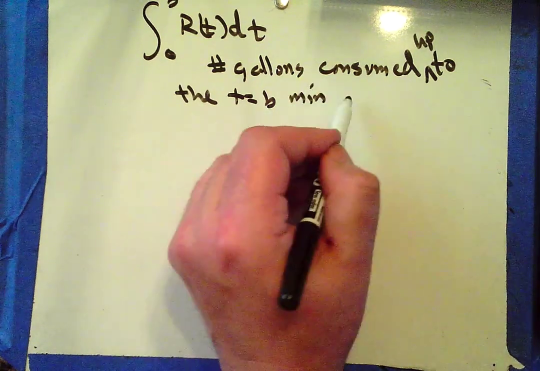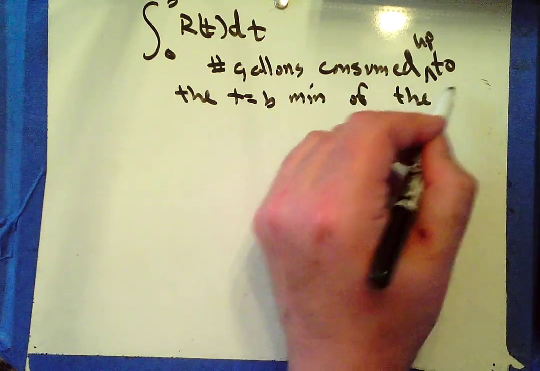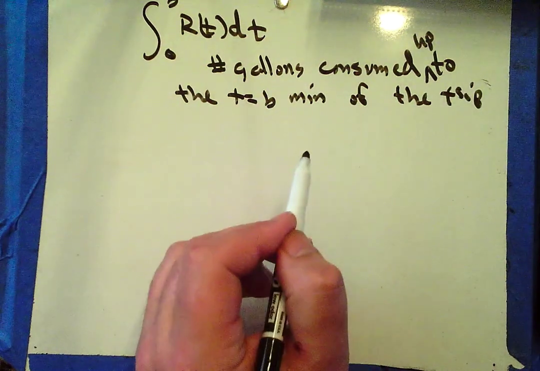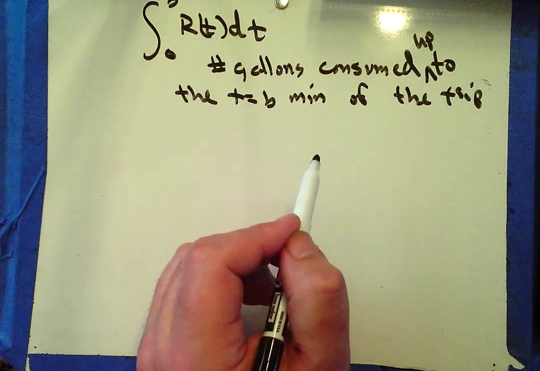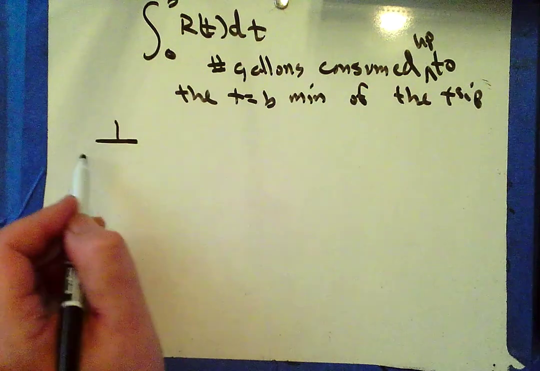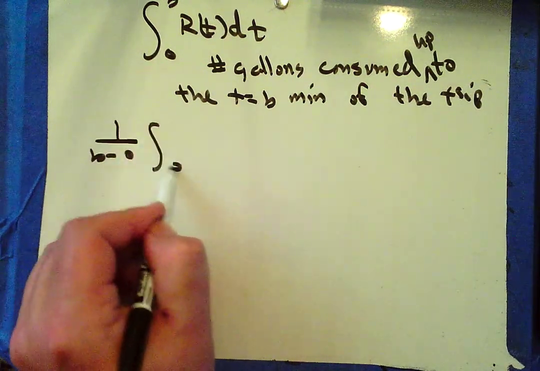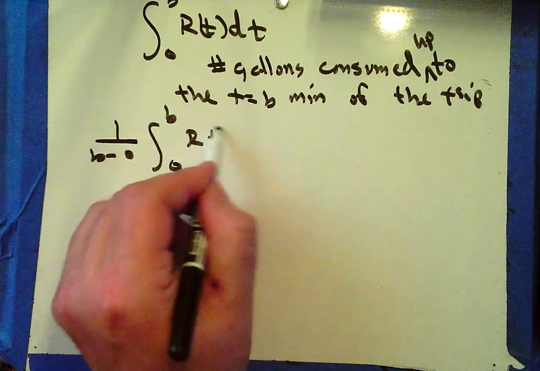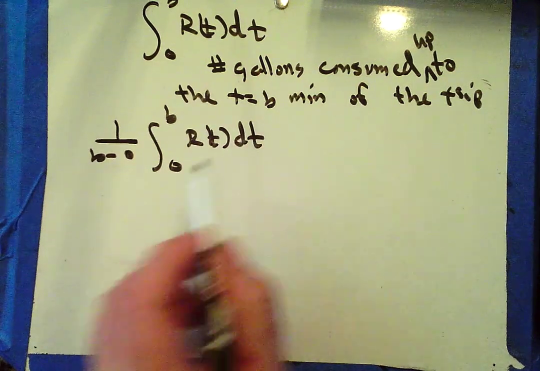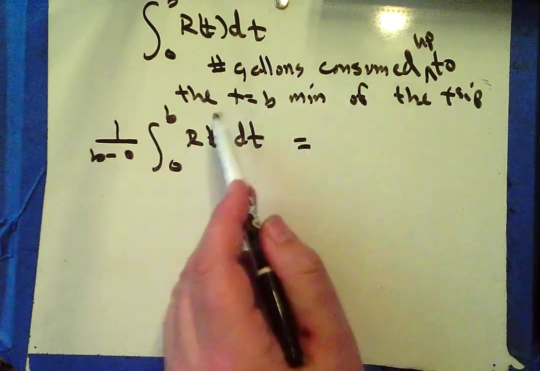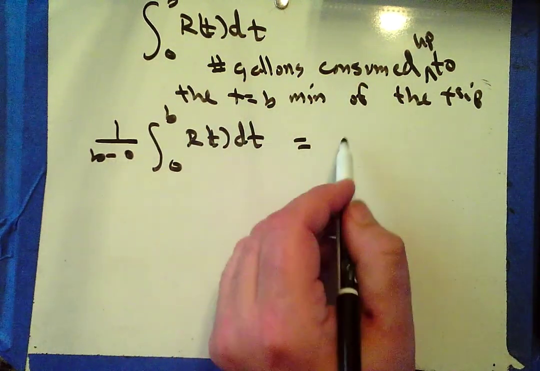minutes of the trip. Okay, and then the next part says explain the meaning of 1 over b times the integral from 0 to b of R of t dt. So that's going to be the number of gallons consumed divided by the number of minutes.